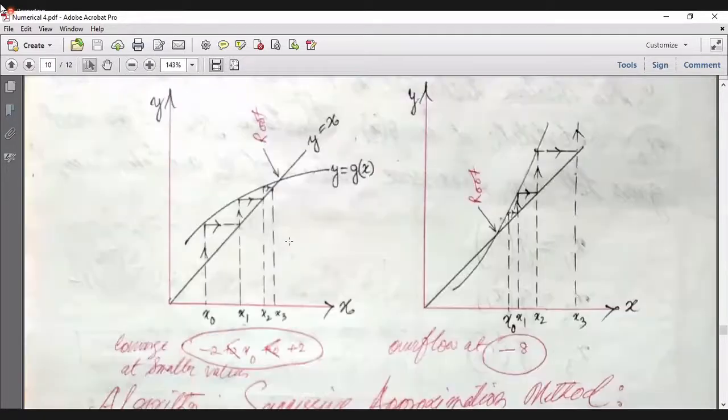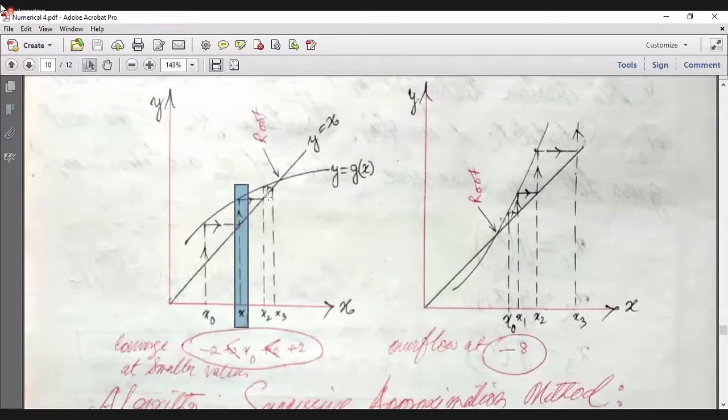Here also, choosing the starting point is very important. Suppose this is our root, the value at the intersection at this point, and this is our function. If I choose my starting point x naught here, I can find the value of f of x naught, then g of x, and then again the new value x1.